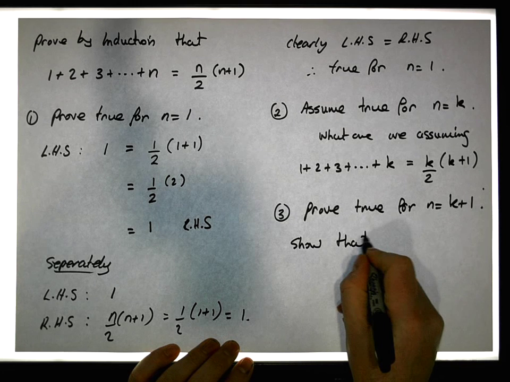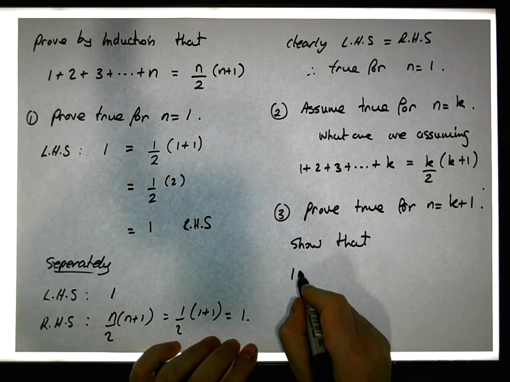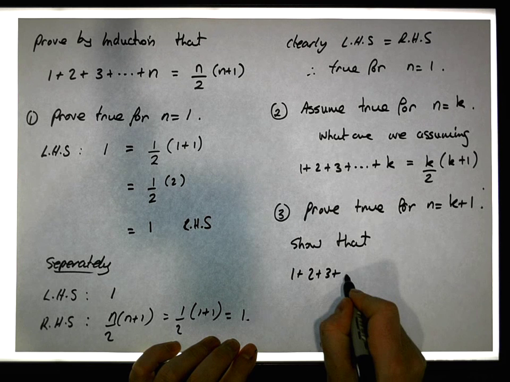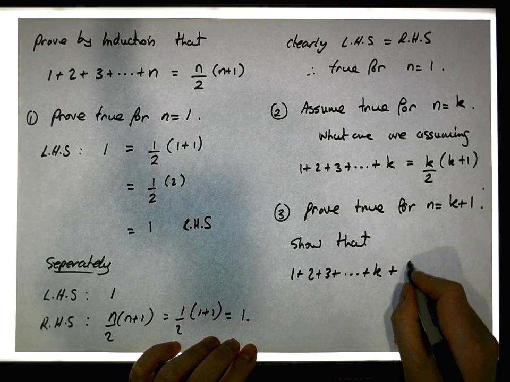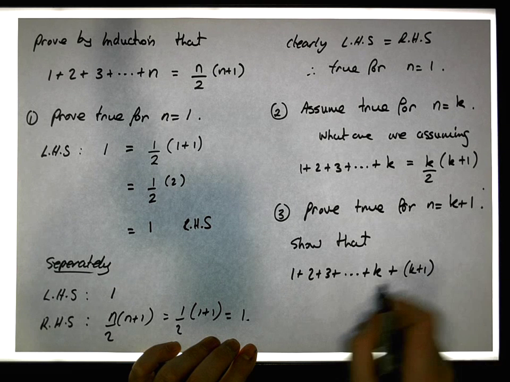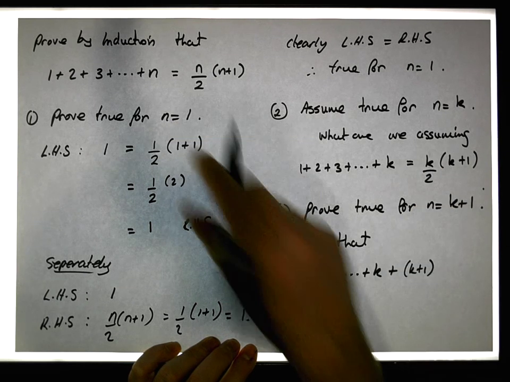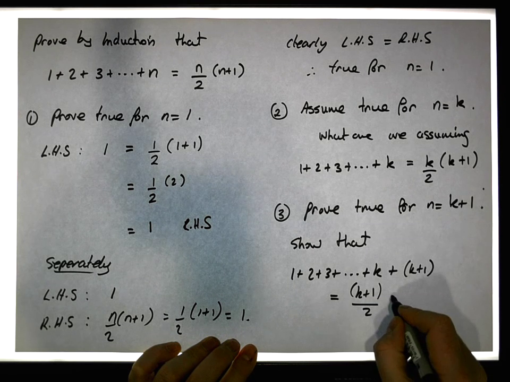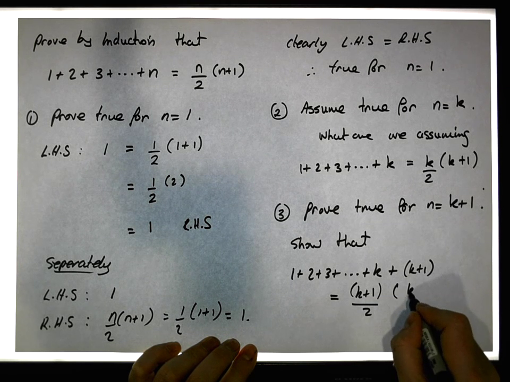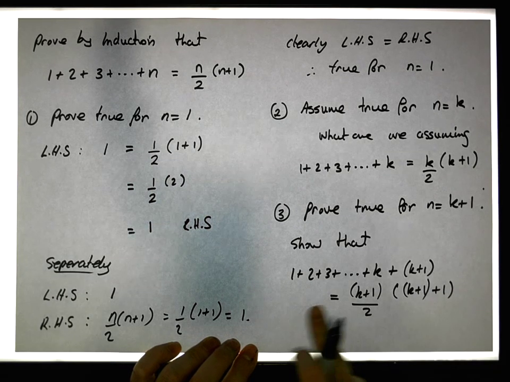For n is equal to k plus 1, we need to show that 1 plus 2 plus 3 plus all the way through to plus k plus 1, the next term, has to be equal to k plus 1 over 2 times k plus 1 plus 1. We need to show that this is true.